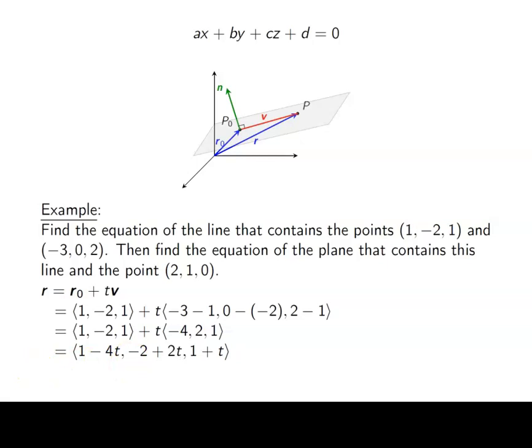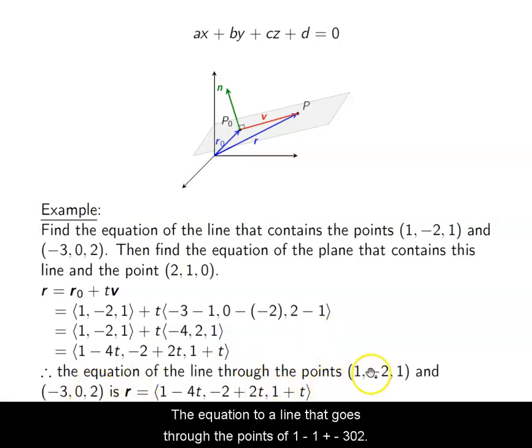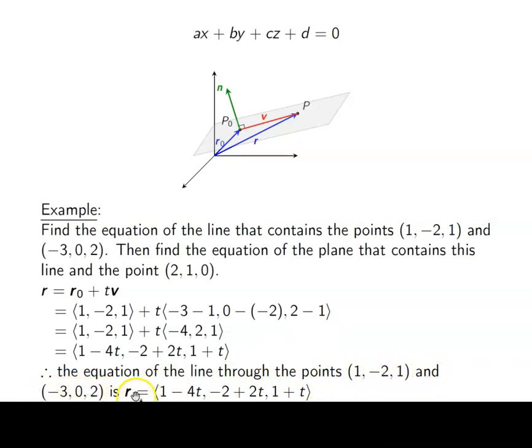Okay. So the equation through the line that goes through the points 1, -2, 1 and -3, 0, 2 is the vector 1 minus 4t, -2 plus 2t, and 1 plus 2t.